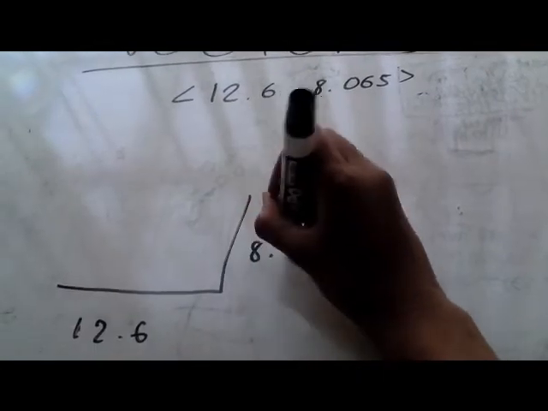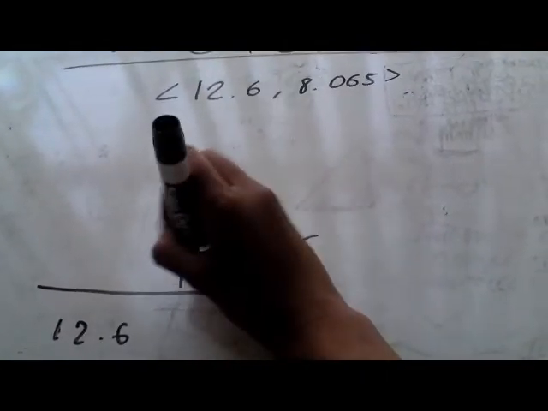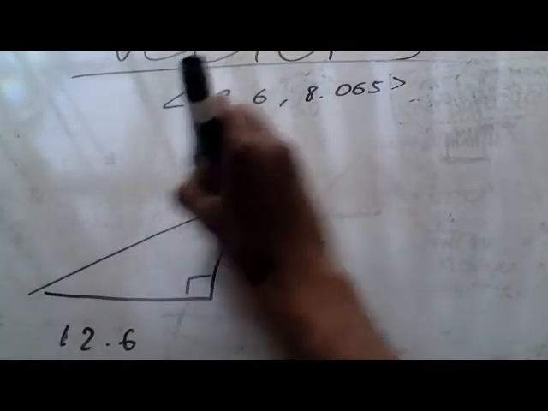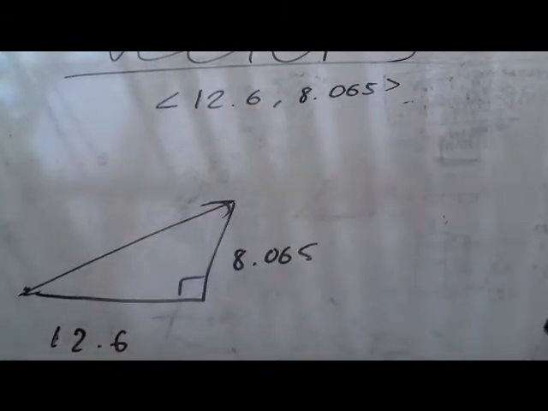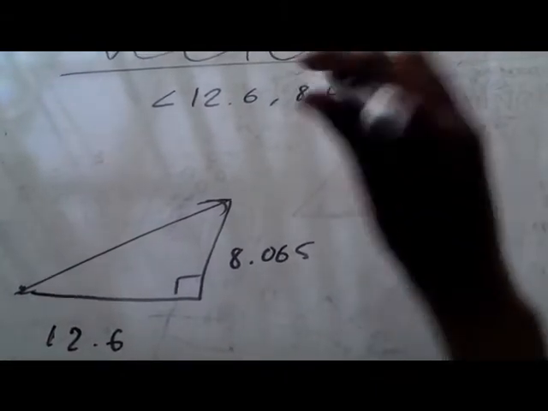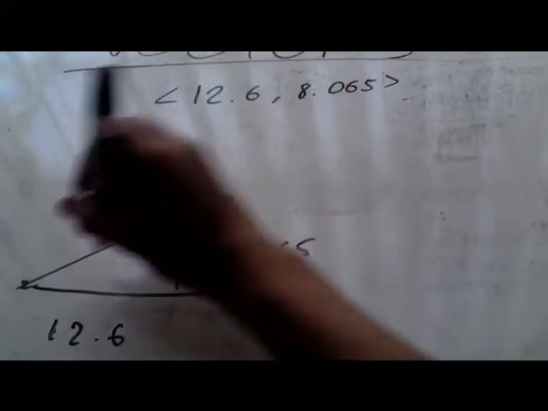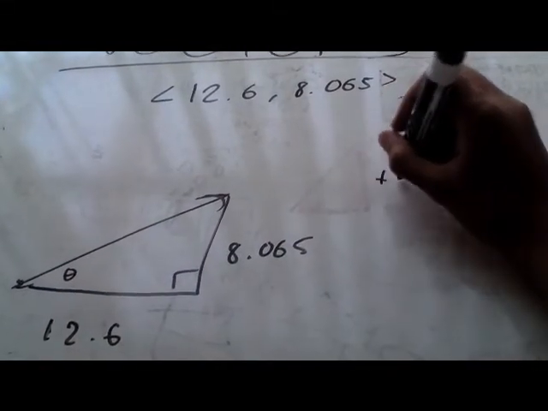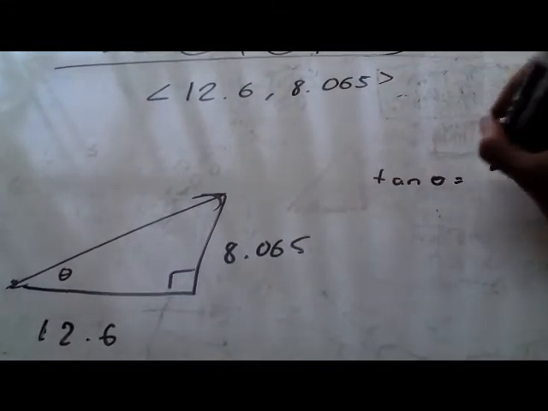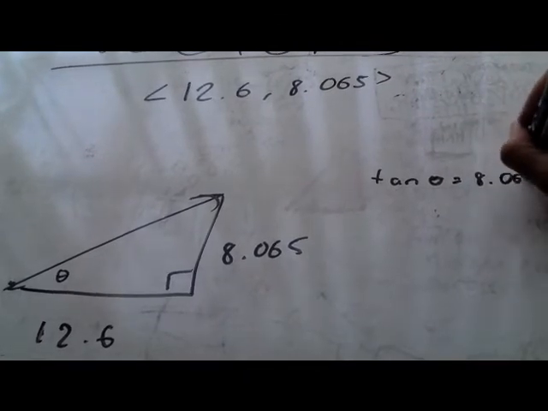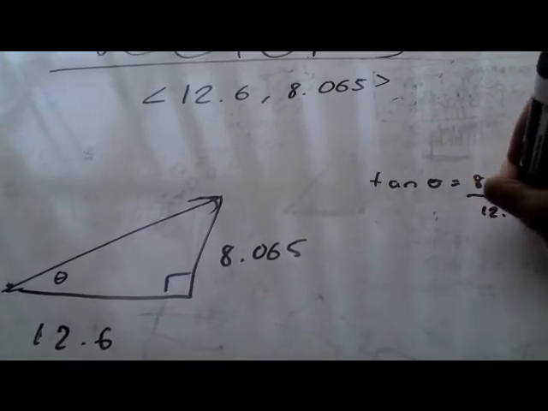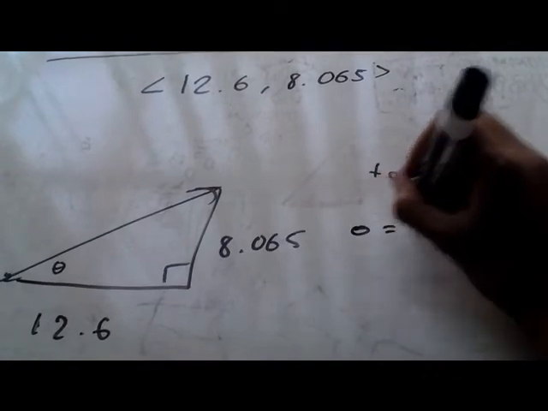And let's just draw it out. 12.6 and 8.065. It forms a right triangle, and you can make a new vector, and doing what we did before, we can find the direction using arctan. So tangent theta is equal to 8.065 over 12.6.